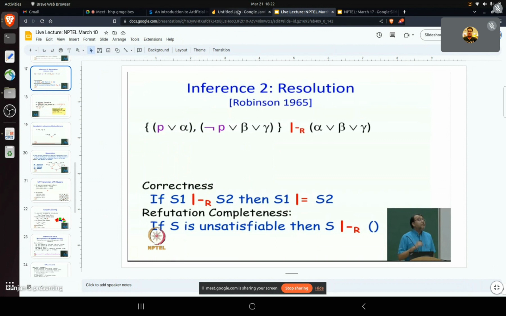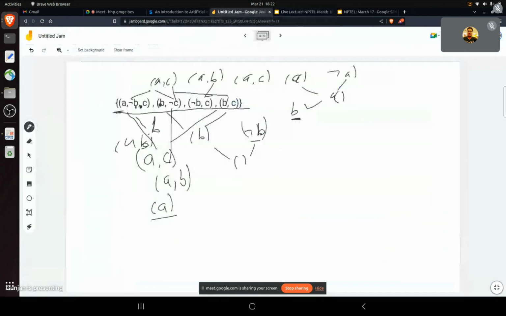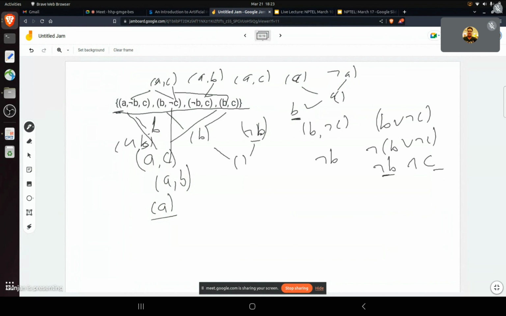So that's why I'm saying that if you see B or not C, and you are seeing here not B or C, that is not correct, because if you take the negation of not B or C together, then it will give you what? You are seeing B and not C, right? So these are essentially B or not C, and if you take negation of this, then you will get not B and C. So these are not two independent clauses.